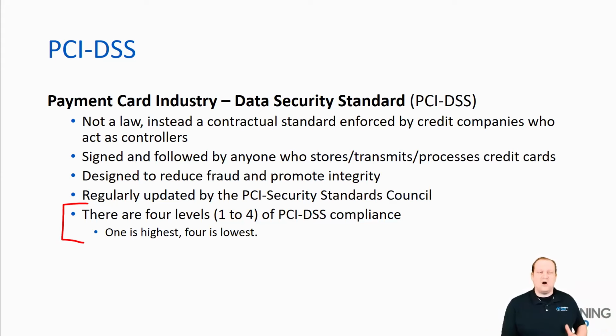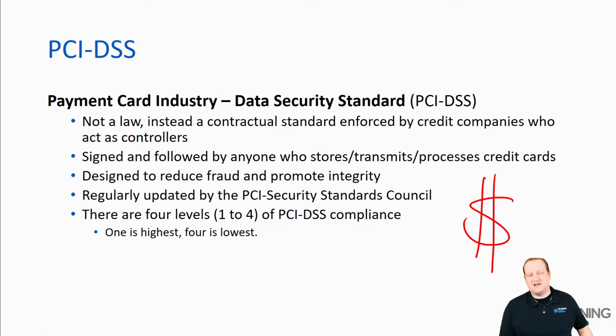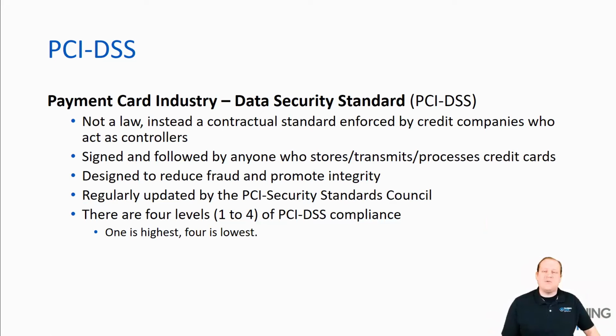And failure to uphold this contract as a processor, as PayPal and Venmo are, will lead to pretty hefty fines, much like a privacy regulation would. So while it might not be a regulation, the banks and the credit card companies are effectively enforcing this, and they'll fine you, in accordance with the contract, for failing to follow it.